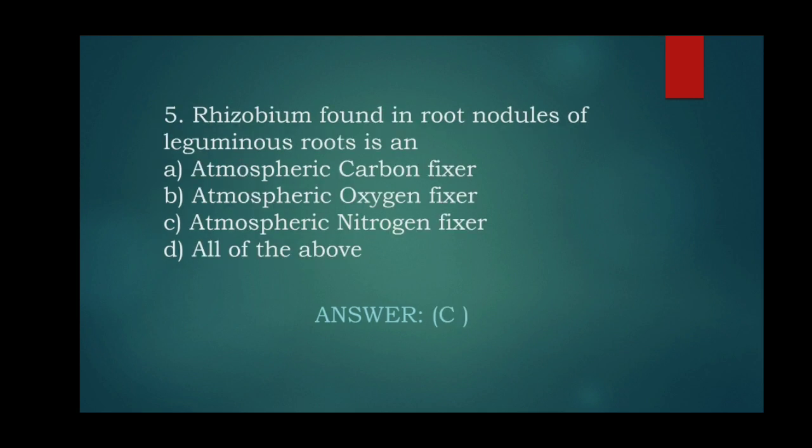Then fifth question: rhizobium found in the root nodules of leguminous roots is A, atmospheric carbon fixer, B, atmospheric oxygen fixer, C, atmospheric nitrogen fixer, D, all of the above. You know the correct option is atmospheric nitrogen fixer, the option C.